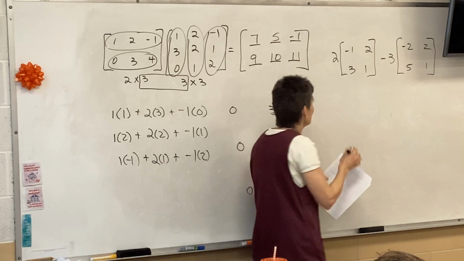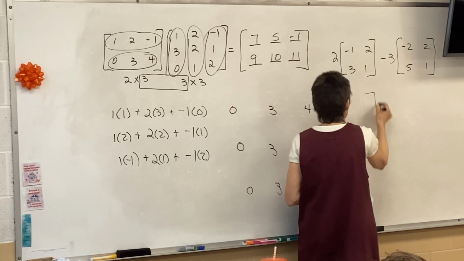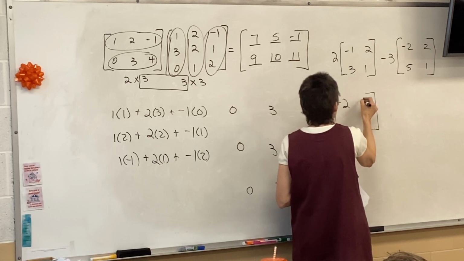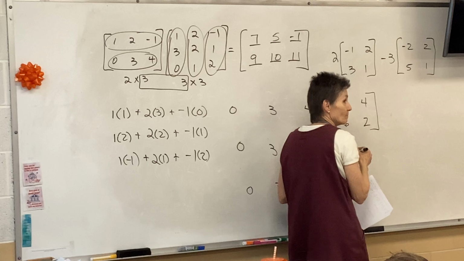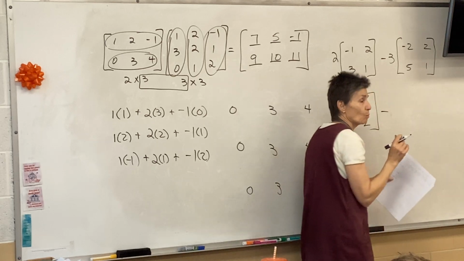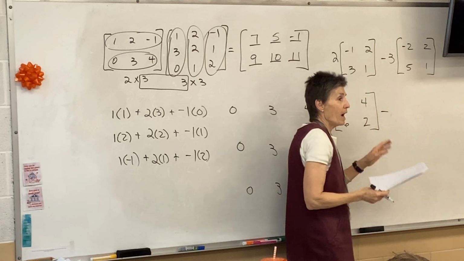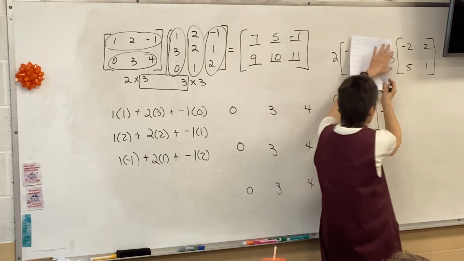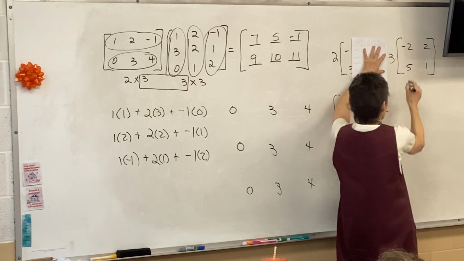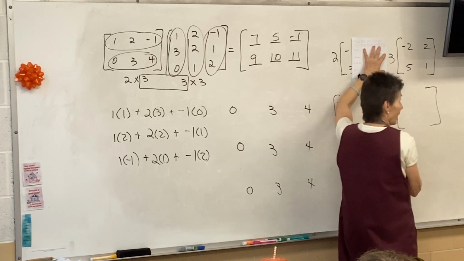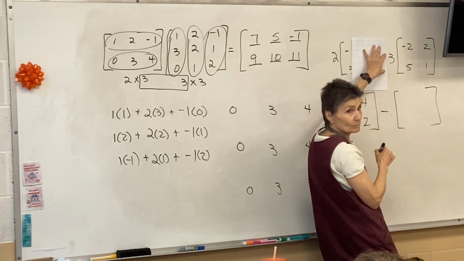All right, so how do we do 2B? What does that look like, 2B? -2, 4, 6, and 2. Everybody okay with that? Now be careful with this one. I'm going to go ahead and leave the minus there. And if I leave the minus there, I am multiplying by 3, right?